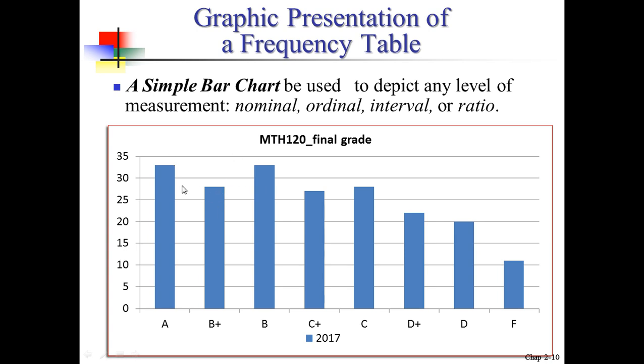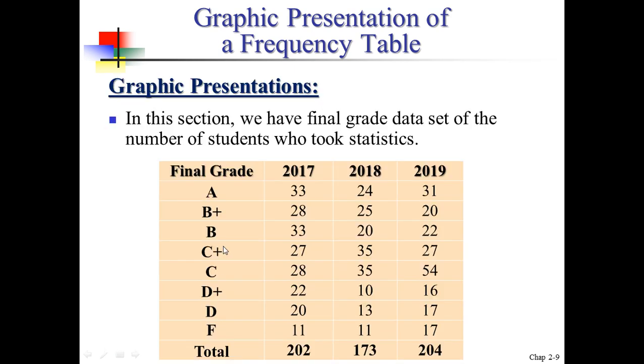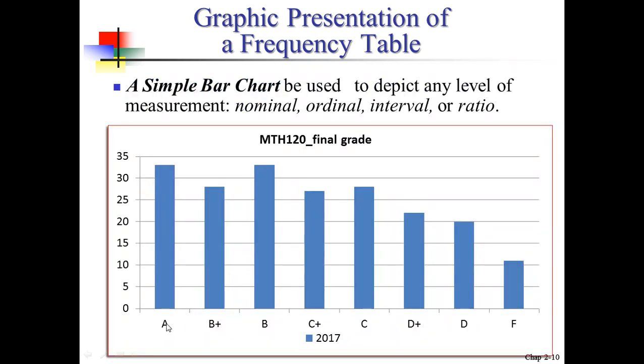A simple bar chart is only one bar chart for one item that we study. This is the item that we study. We want to know how many students get A, in group A, group B plus, group C plus. This item we study, we put on the horizontal axis, and the frequency on the vertical.